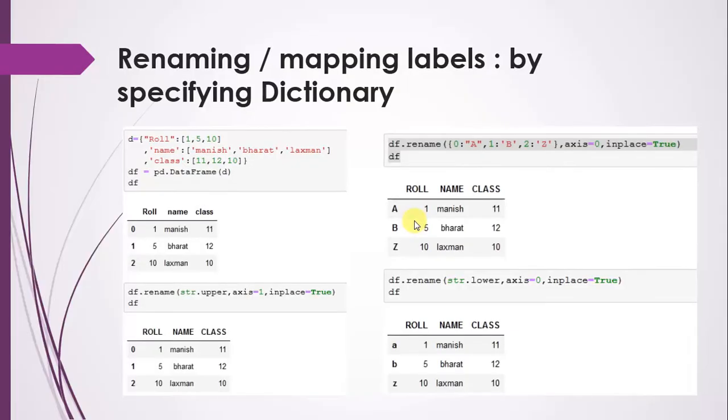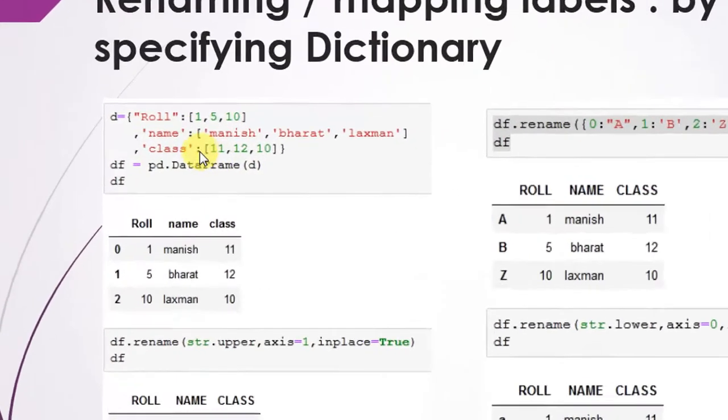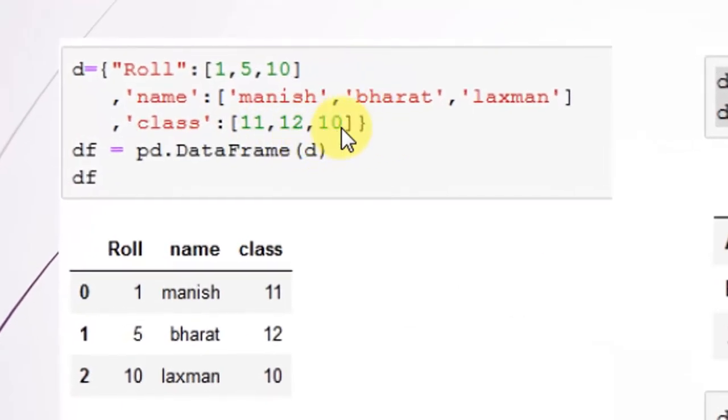Now let us see how to rename the labels in our data frame, or reindex the data frame. So first of all, we need to create a data frame. You can see we have created a data frame, df is equal to pd.DataFrame. Those who do not know how to create a data frame, I will leave a link in the description.